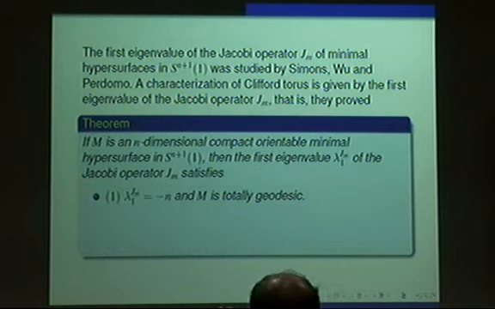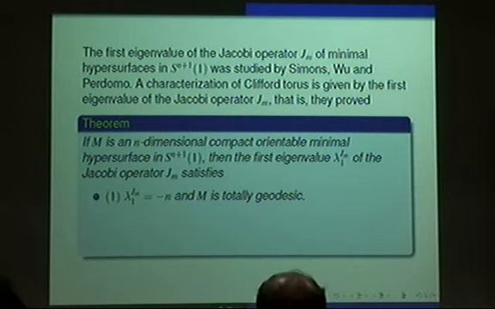This was considered by Wu Chuanxi and Pai Dong, who gave the characterization of the Clifford torus by the first eigenvalue of the Jacobi operator J_M. In fact, they proved the following results.